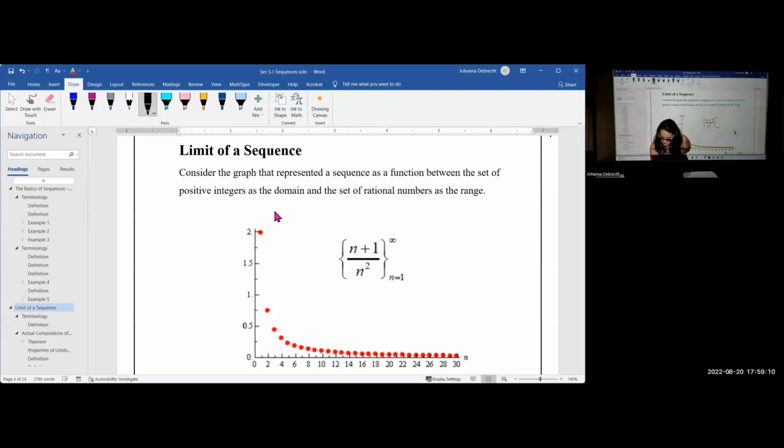In other words, the limit as n goes to infinity of n plus 1 over n squared goes to 0. So I'm predicting that based on that limit, the eventual values are close to 0. And in fact, that's what happens.